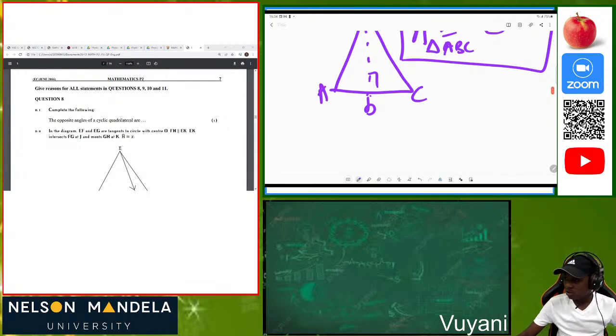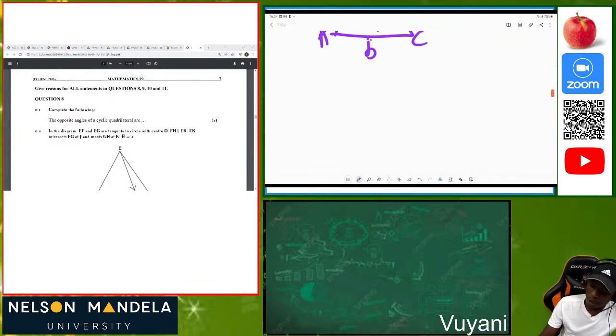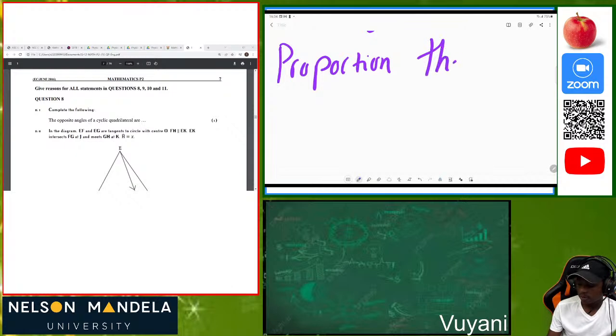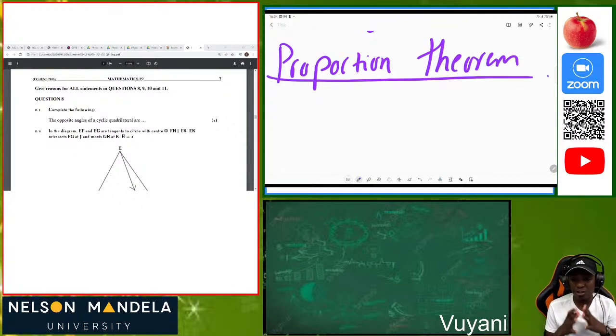Now I want us to look at the big thing, which is the proportionality theorem. This is where the big thing is in grade 12 work.